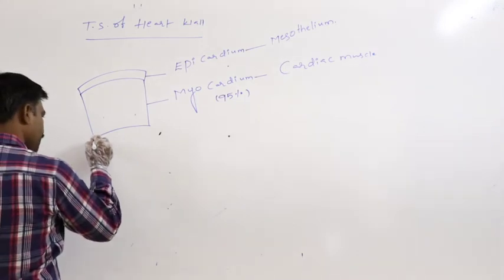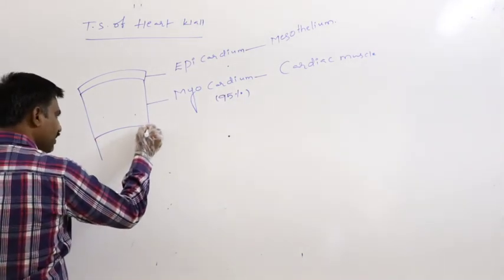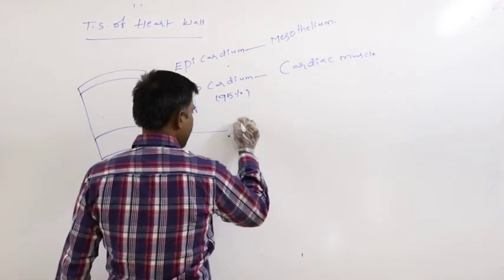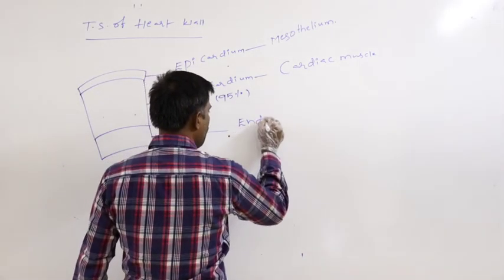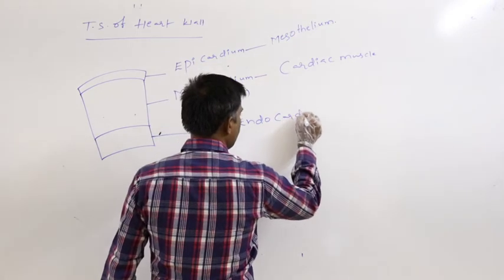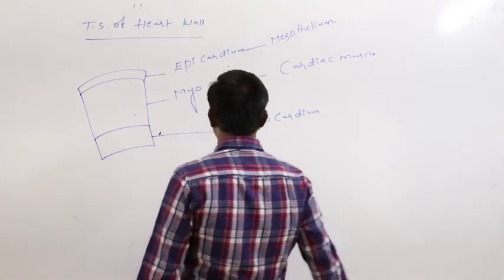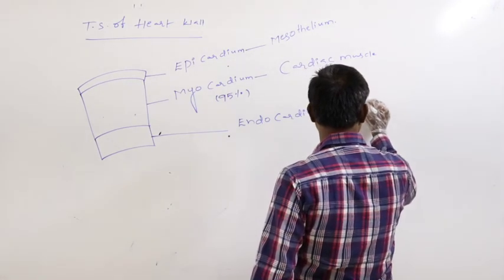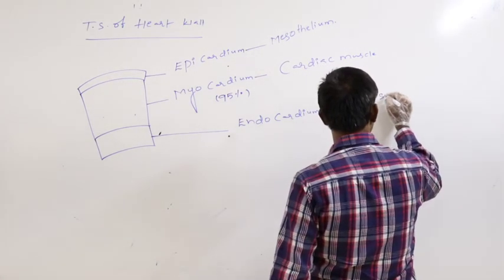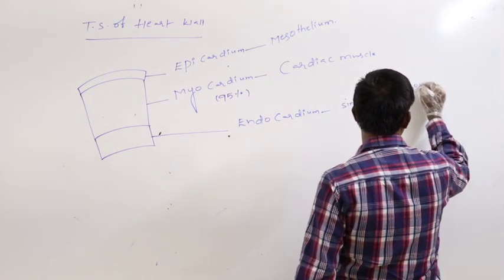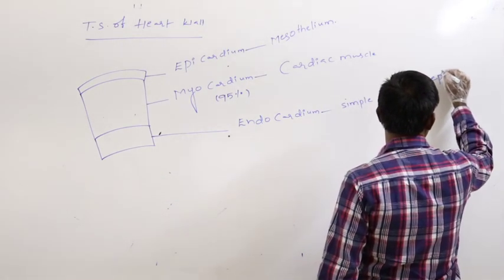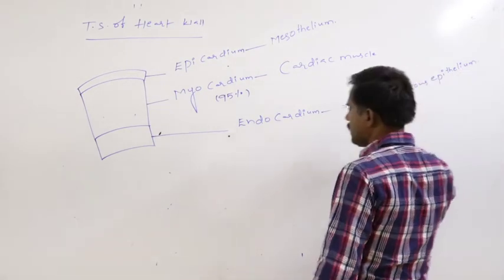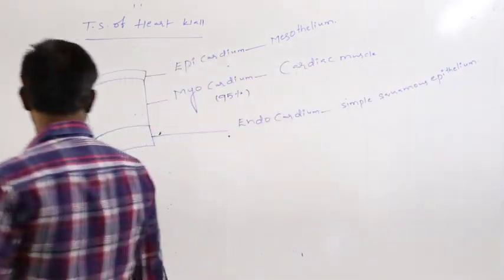Below that, the layer which is present is said to be the endocardium. This is principally made up of simple squamous epithelium.